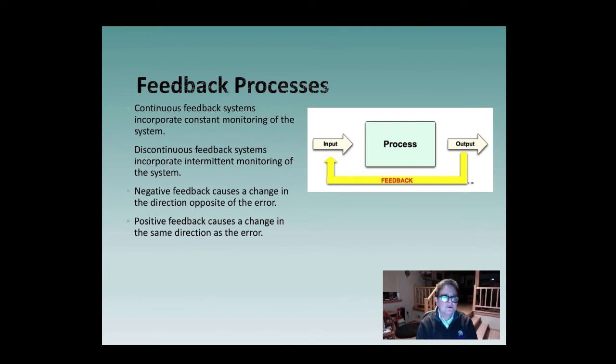Consider the resources that would be required in a continuous feedback system versus a discontinuous feedback system. If I had to pay attention to all of the feedback that I was receiving constantly, then that would consume a lot of the resources that I have that we know are limited in information processing.